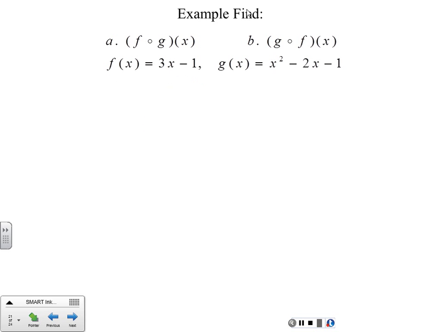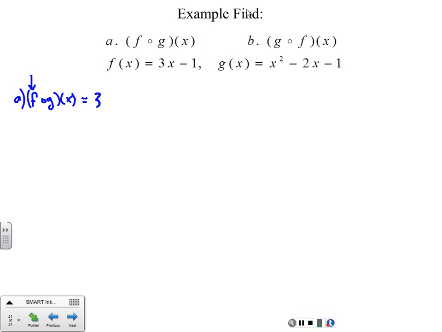So watch this. For letter A, which says f composite g of x, and we call that f of g for obvious reasons. Understand that's not the same as your multiplication symbol. It's an open circle. Okay, it is an open circle, so that is a composition. So this is what I like to do. The first variable that I see is f, and that's the function that I'm going to use.